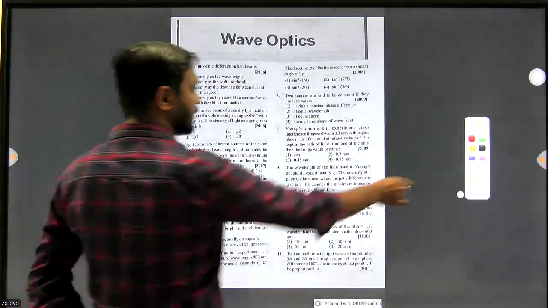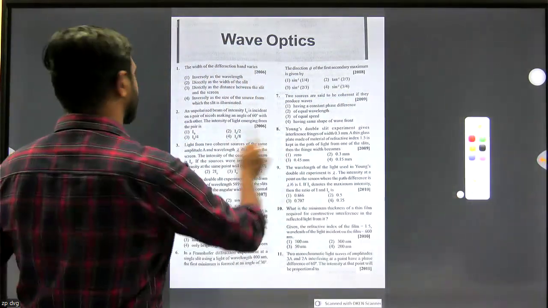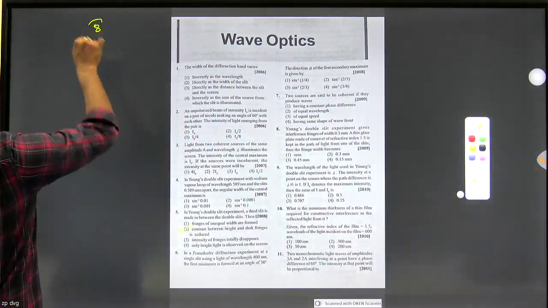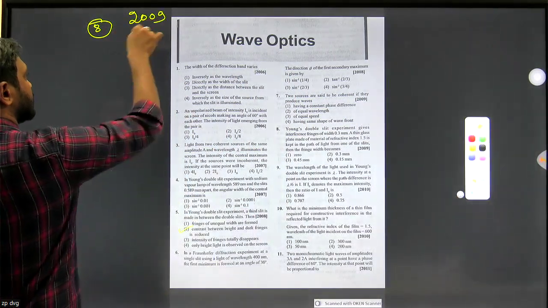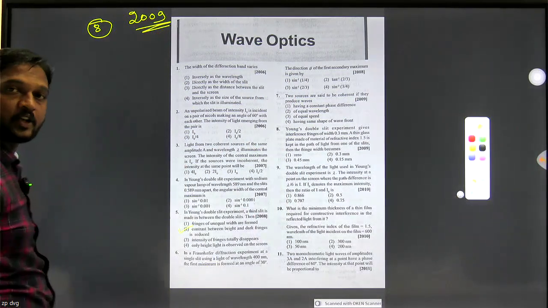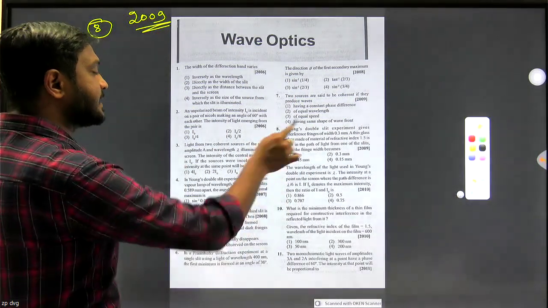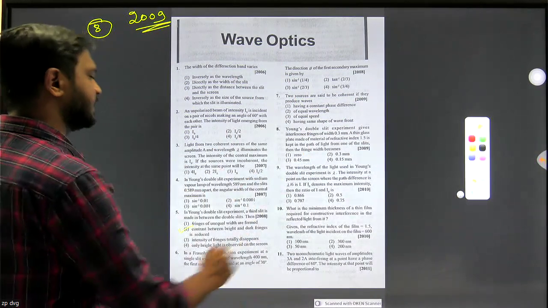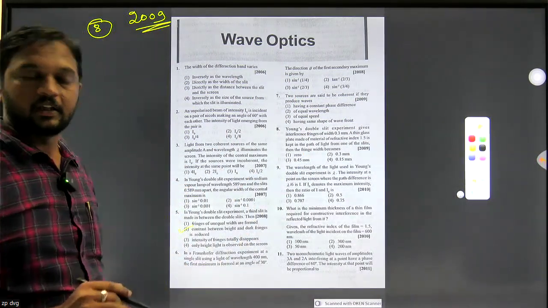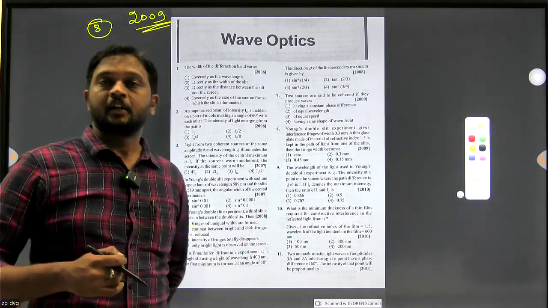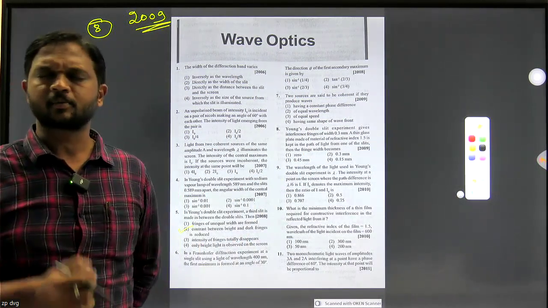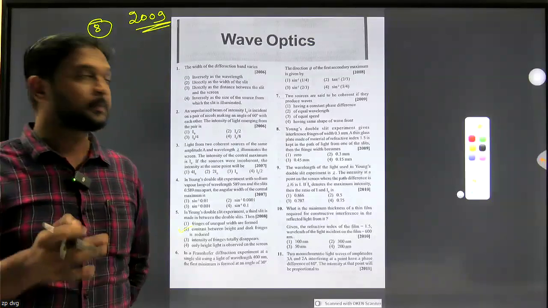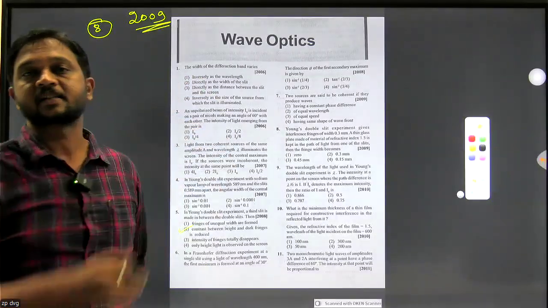Next one, question number 8, that is a 2009 KCET question on Young's double slit experiment. In the previous KCET exams, most of the questions appear from this Young's double slit experiment.